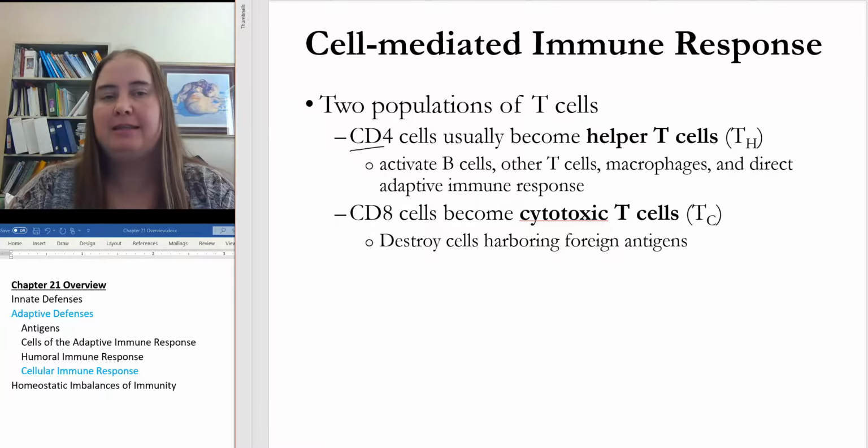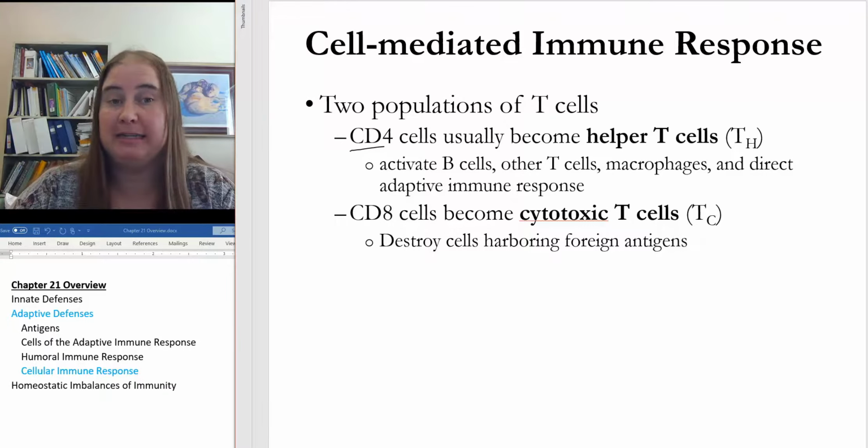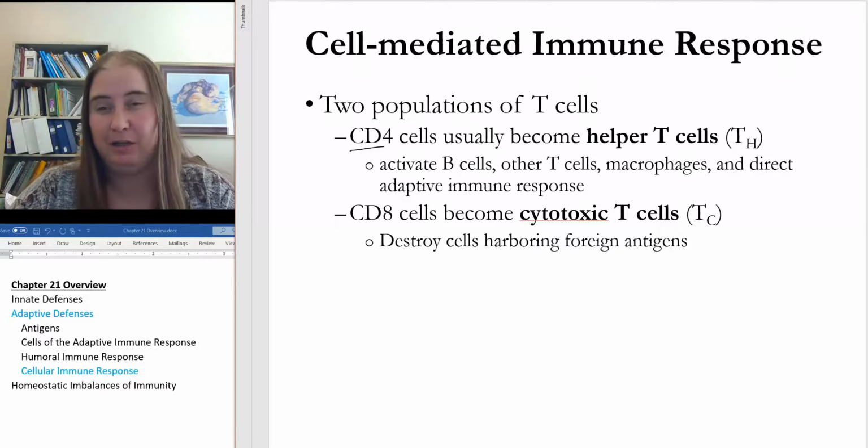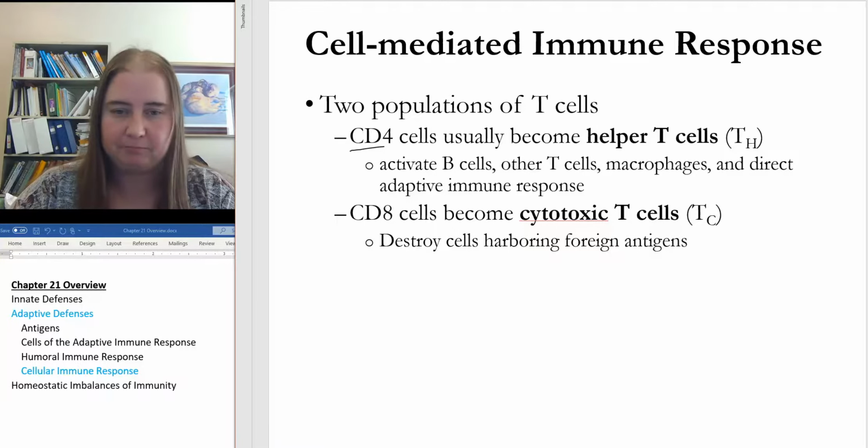Now, you'll hear me talk about these as T helper cells, or T cytotoxic cells, or cytotoxic T cells, or helper T cells, but I typically will refer to them as T helper and T cytotoxic, just because the TH and the TC is how I write it, so that's just in my mind how it gets said.